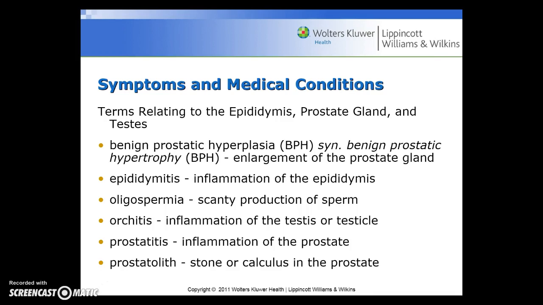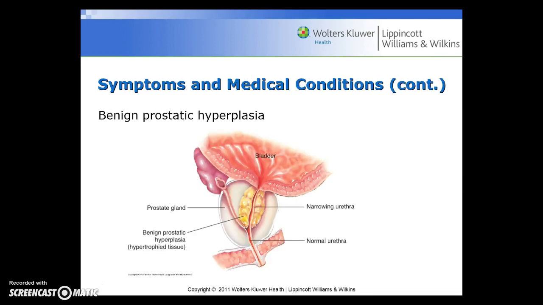Epididymitis is the inflammation of the epididymis. Oligospermia is a scanty production of sperm. Orchitis is the inflammation of the testes or testicle. Prostatitis is the inflammation of the prostate. Prostatolith is a stone or calculus in the prostate.